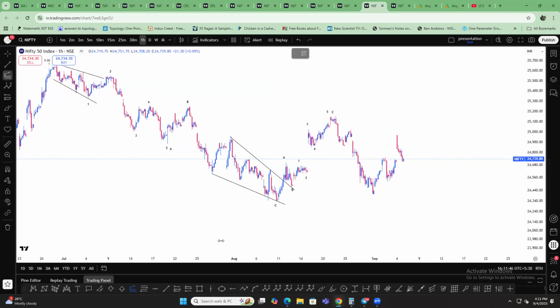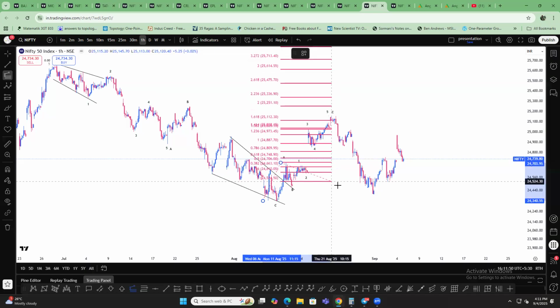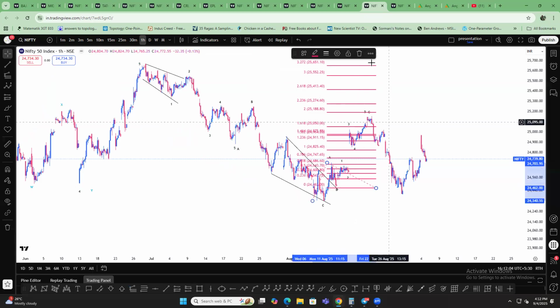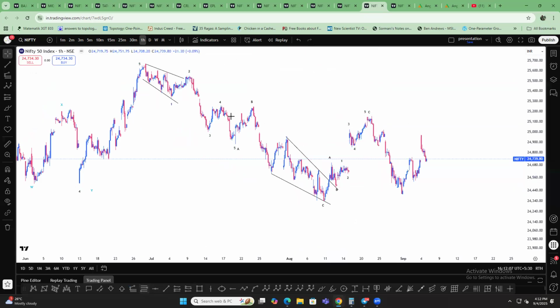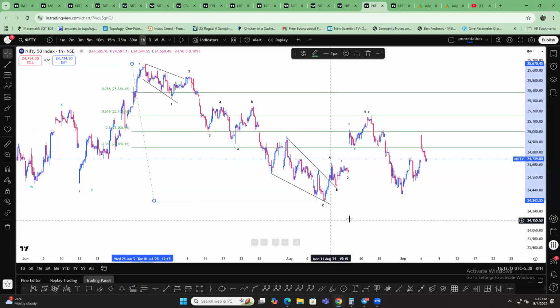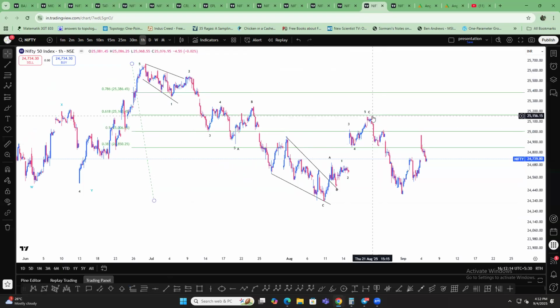Okay. We see the projection of wave C. It's A, B, C. It has completed almost 200% of this projection. And also, if we take the retracement, see, this has retraced 61.8% of these ABC.